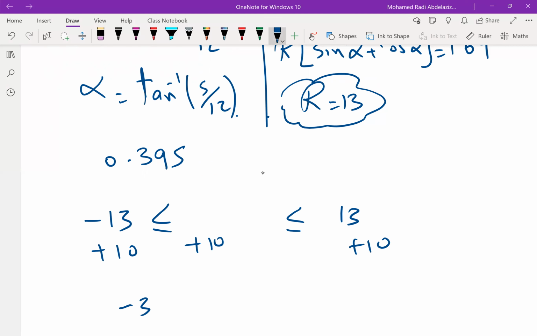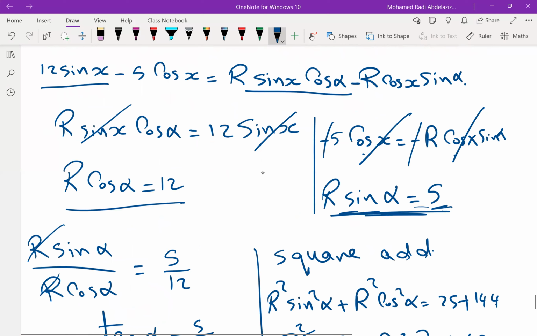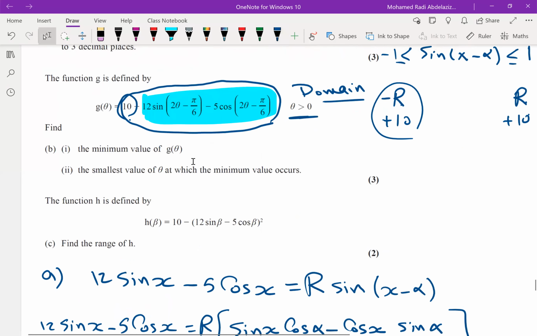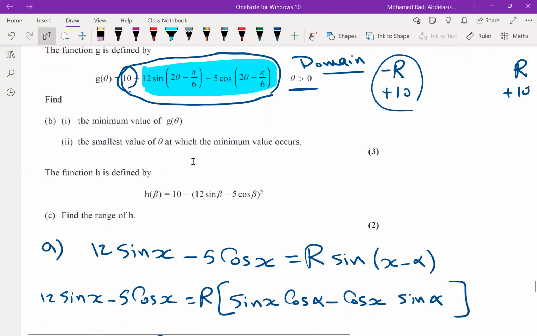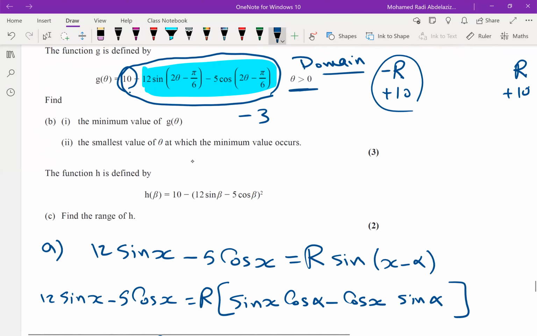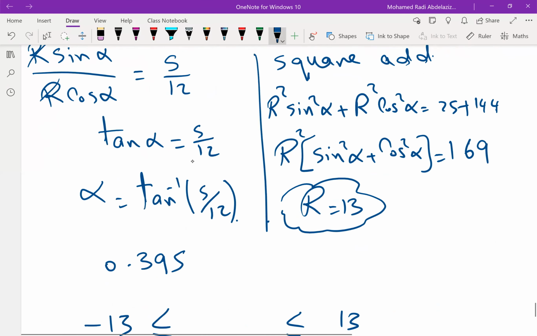This represents the minimum value of the expression, and this represents the maximum value of the expression. Asked to get the minimum, which is -3. The minimum is -3, and maximum will be 23.